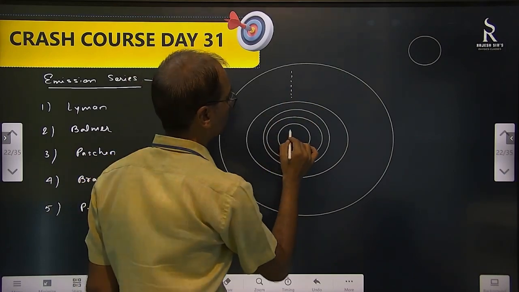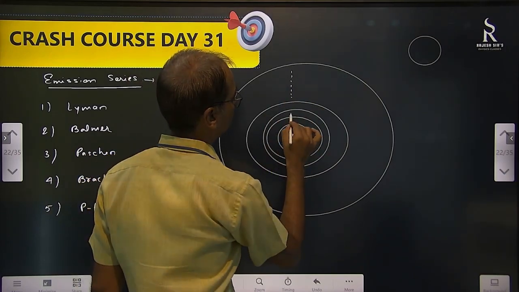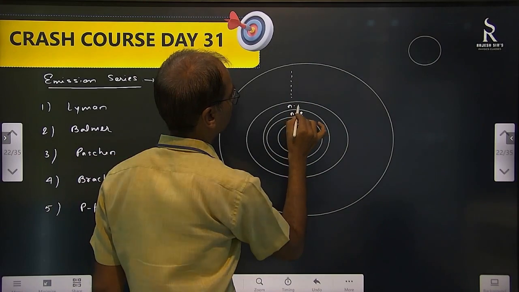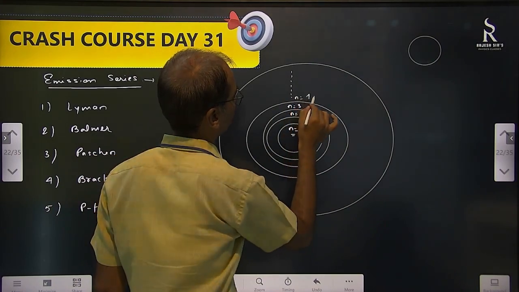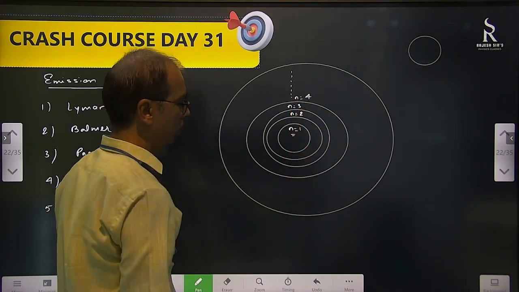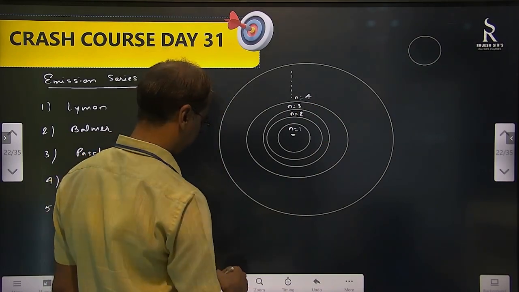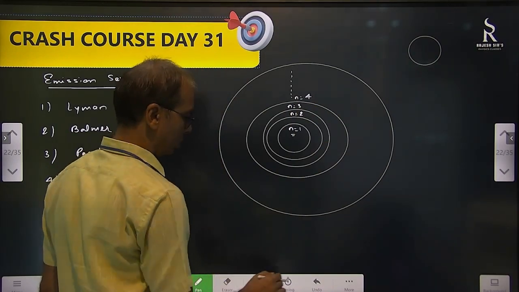This is n equal to 1, n equal to 2, n equal to 3, n equal to 4.